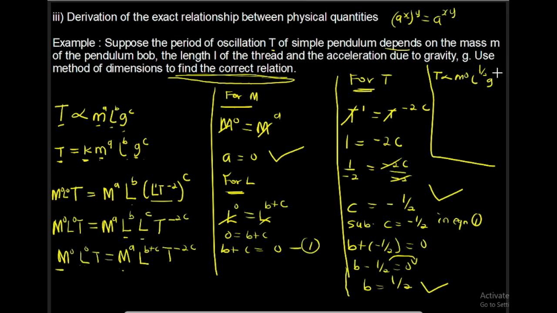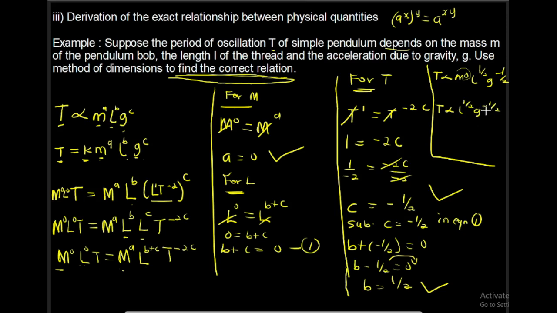So we have minus half. Now this is going to give us t is dependent on m raised to power 0, sorry, m raised to power 0 is 1. So the whole of this will be out, because 1 times the whole of this is still the same thing. So we are going to have the period is dependent on the length raised to power half and g raised to power minus half.